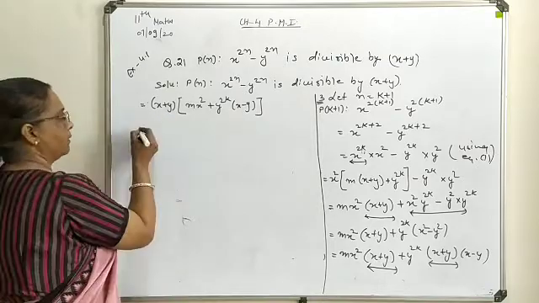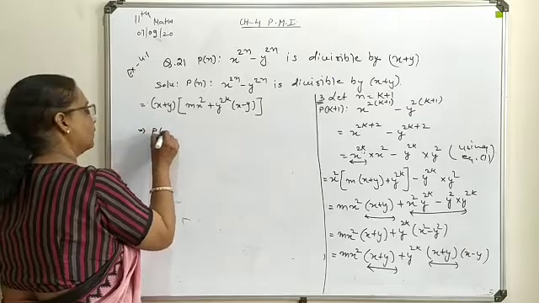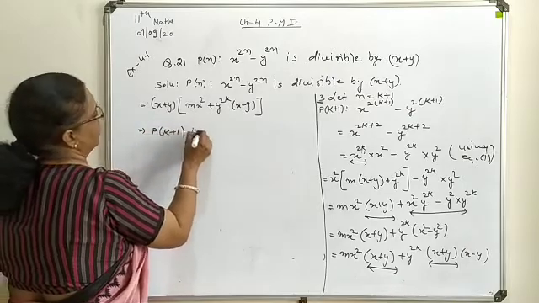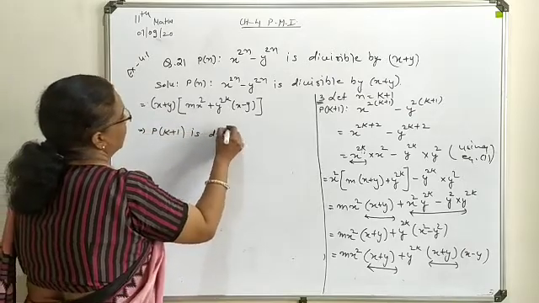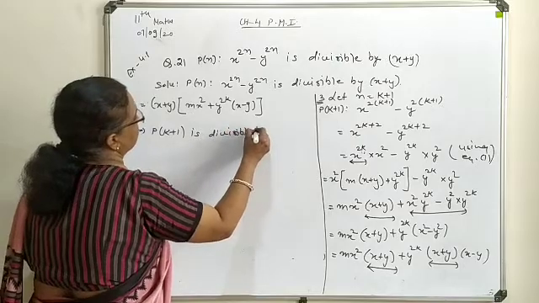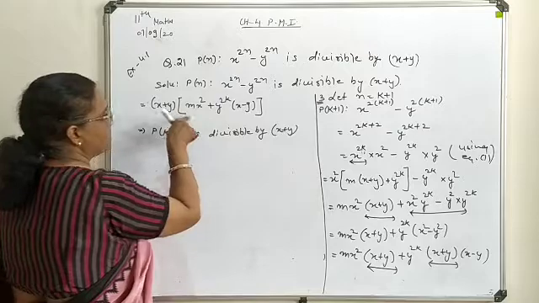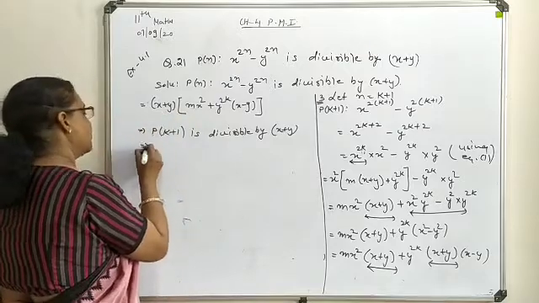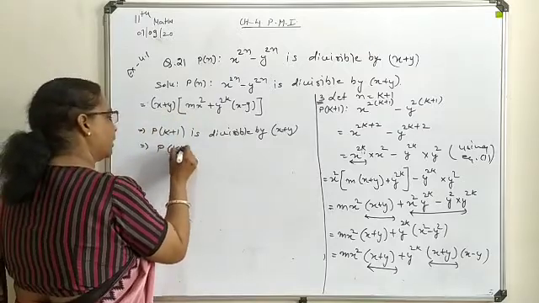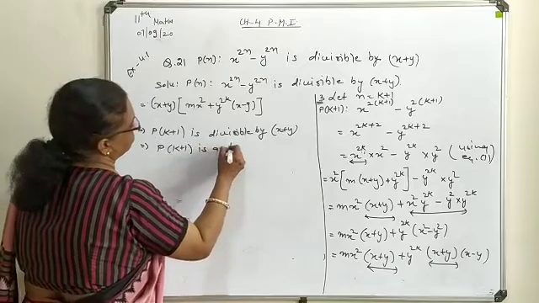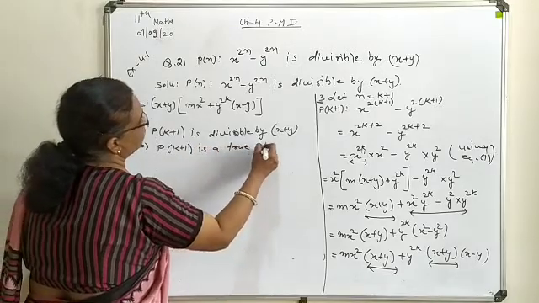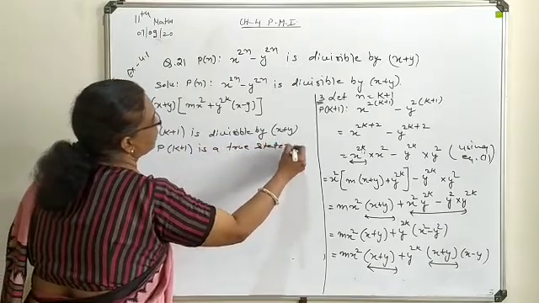So here you can write that Pk plus 1 is divisible by x plus y. It is very clear from this factor form. Means Pk plus 1 is a true statement.